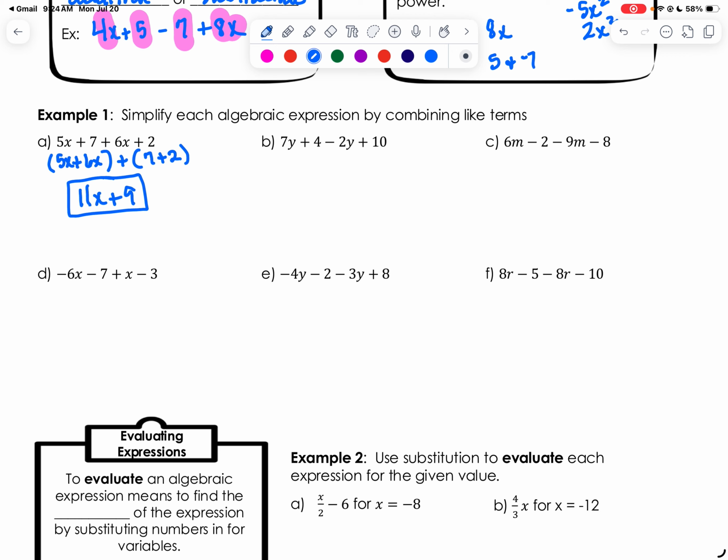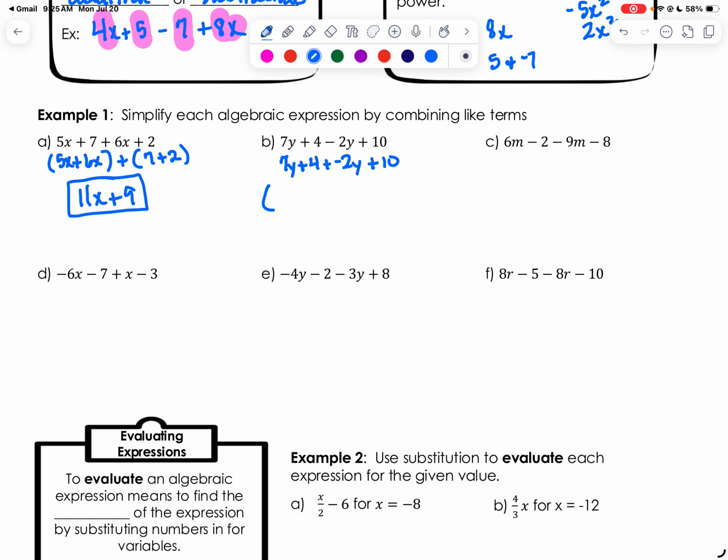All right. In problem B, we have 7y plus 4 minus 2y plus 10. Now I'm going to rewrite this as an addition problem. This is 7y plus 4 plus negative 2y plus 10.